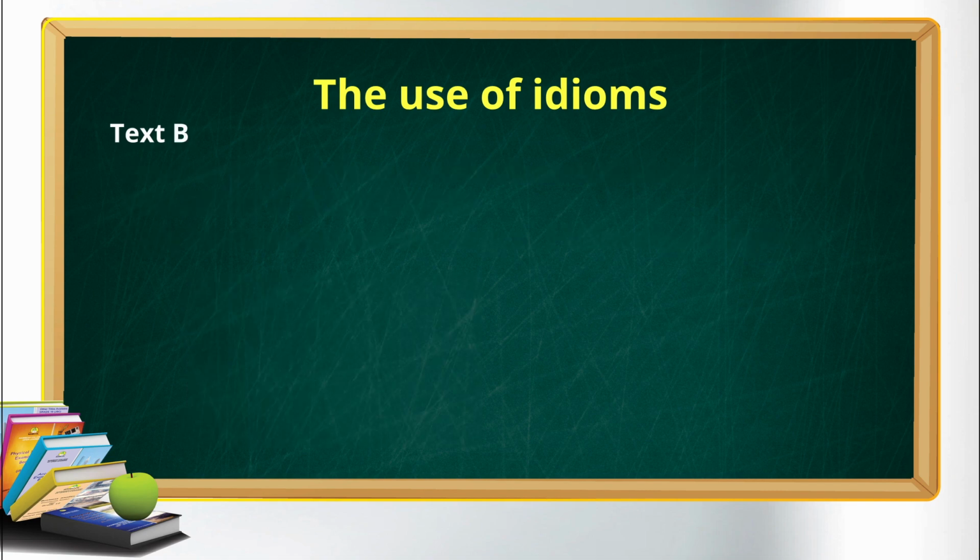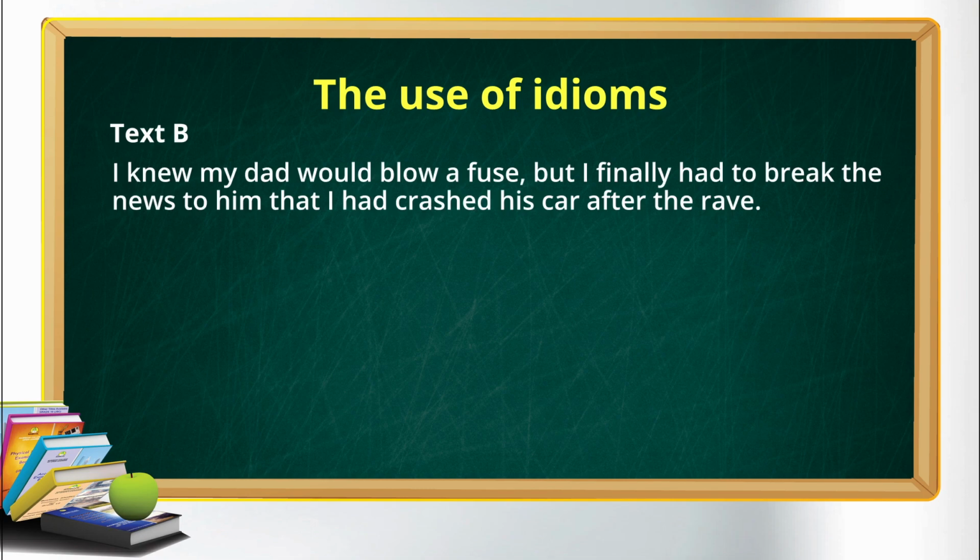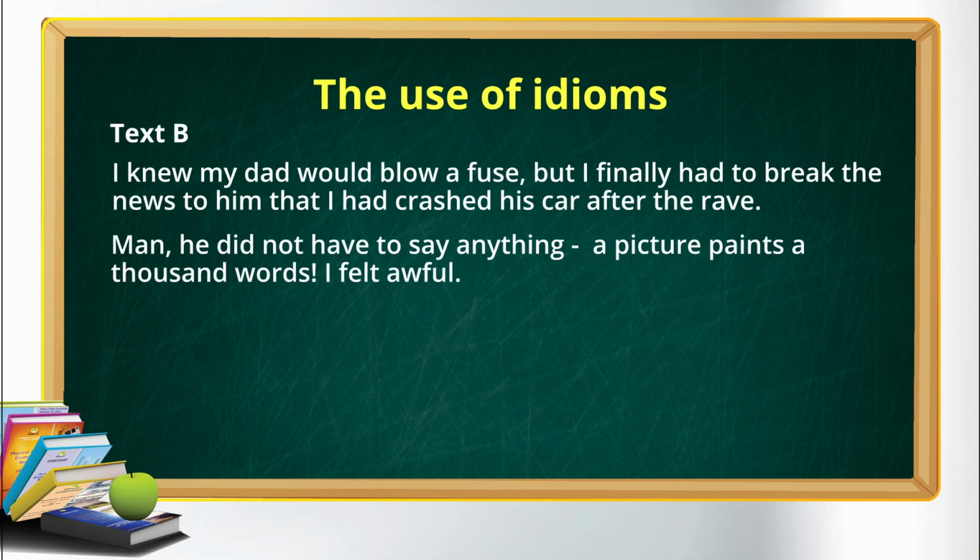Text B. I knew my dad would blow a fuse, but I finally had to break the news to him that I had crashed his car after the rave. Man, he did not have to say anything. A picture paints 1,000 words.